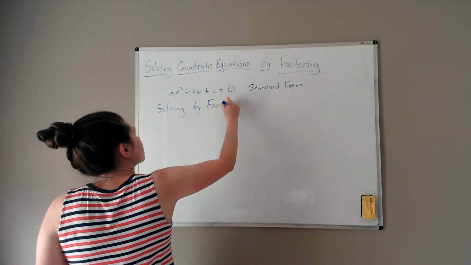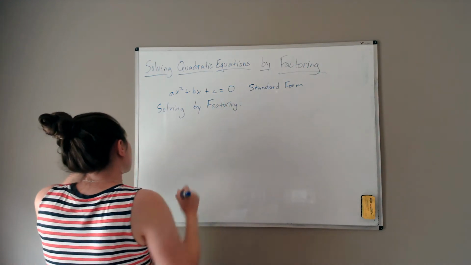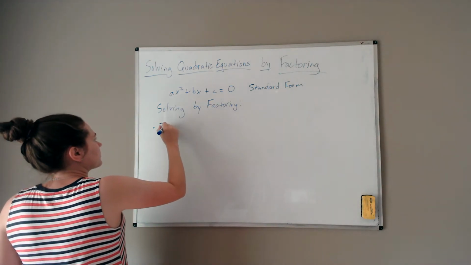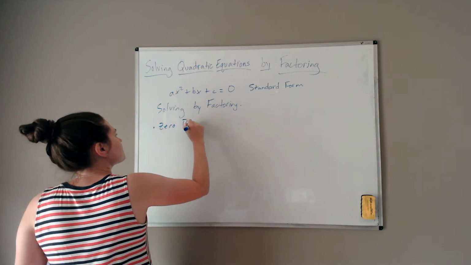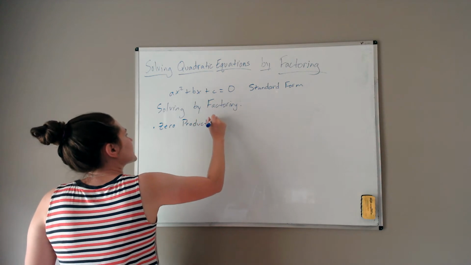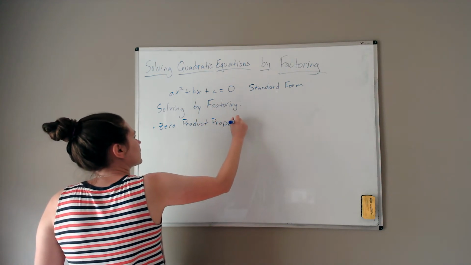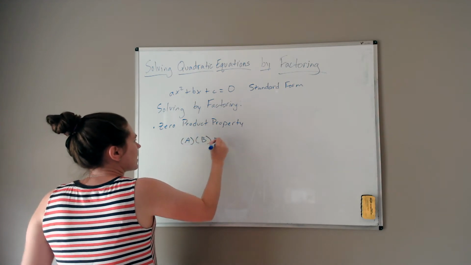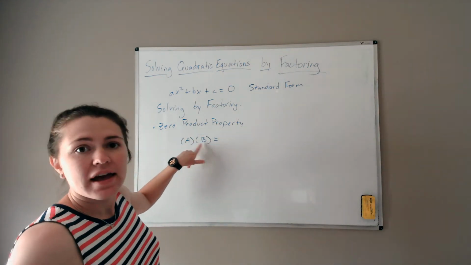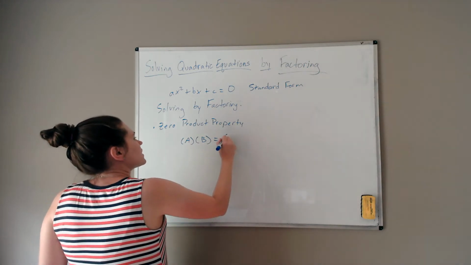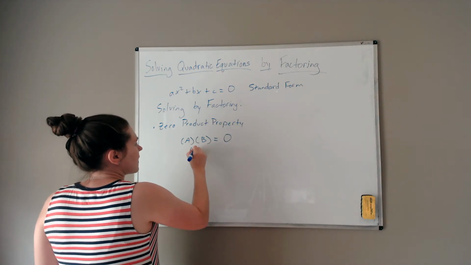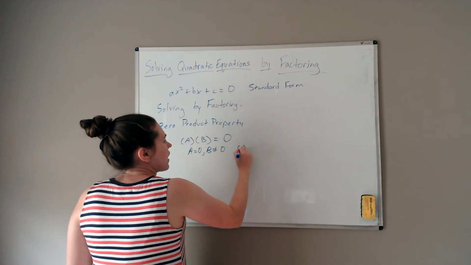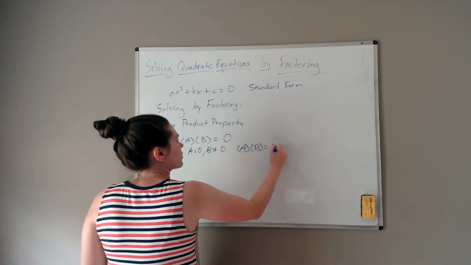And when you're solving by factoring, we're going to use a property that I already discussed in a previous video called the zero product property. What the zero product property tells us is, if we can get a product, A times B, and it's set equal to 0, well then, if A equals 0 and B doesn't equal 0, A times B will equal 0.